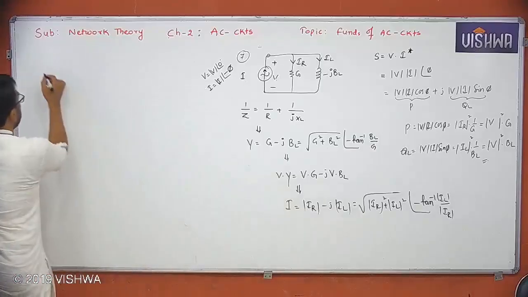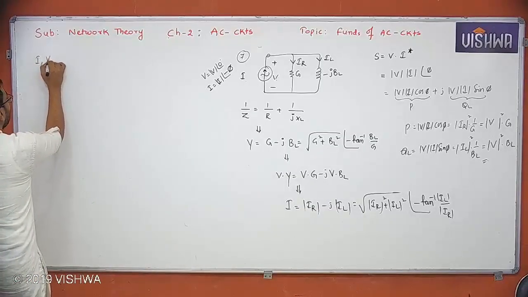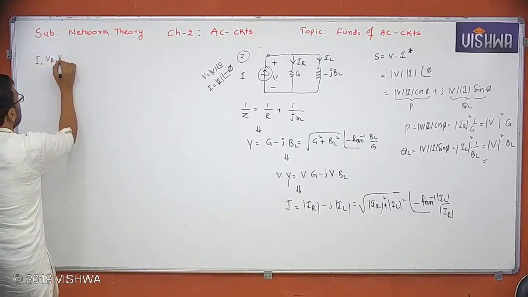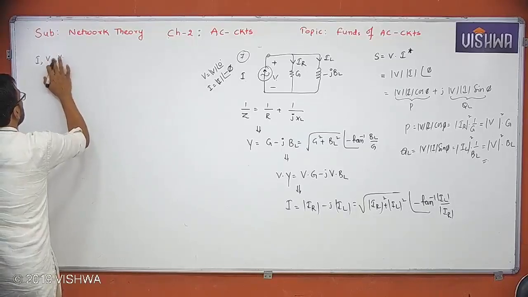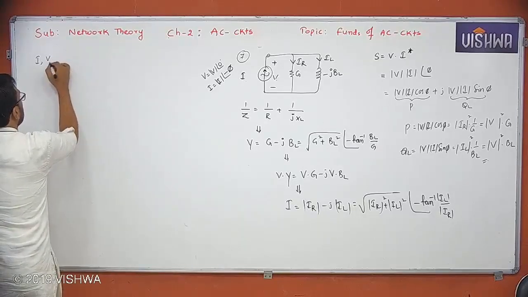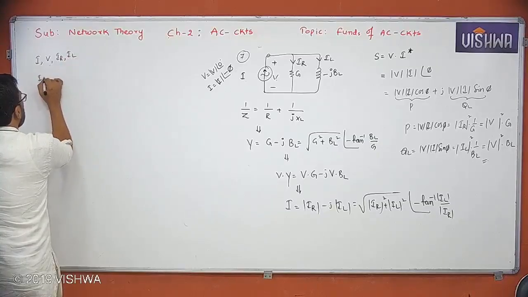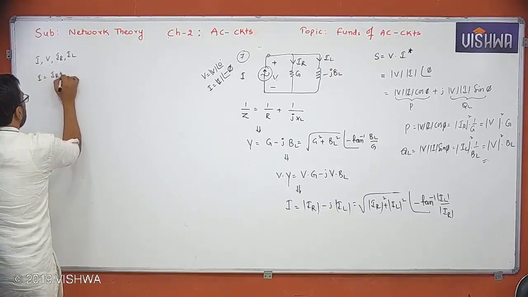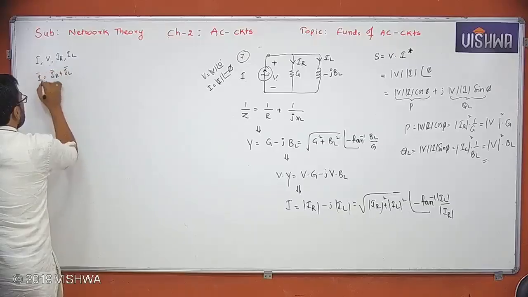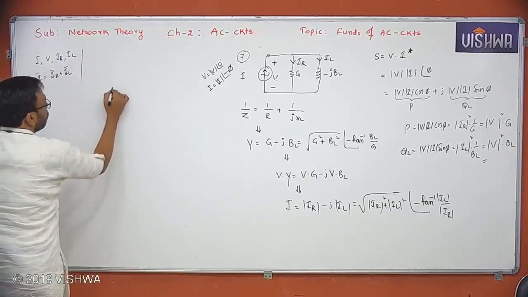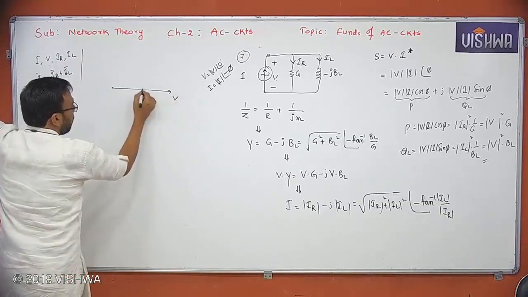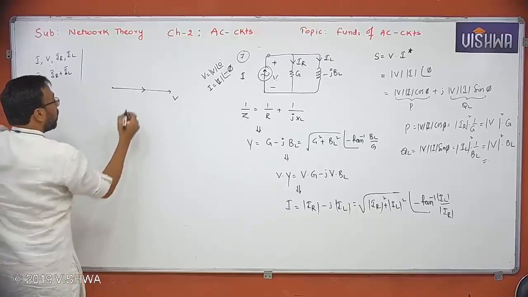Which phasor are you taking as the reference phasor? You have I, VR, VL. No, here you got I, V, and IR and IL. But you know that I is equal to IR plus IL. You want to maintain this relation, right? So you just draw V and you draw IR.